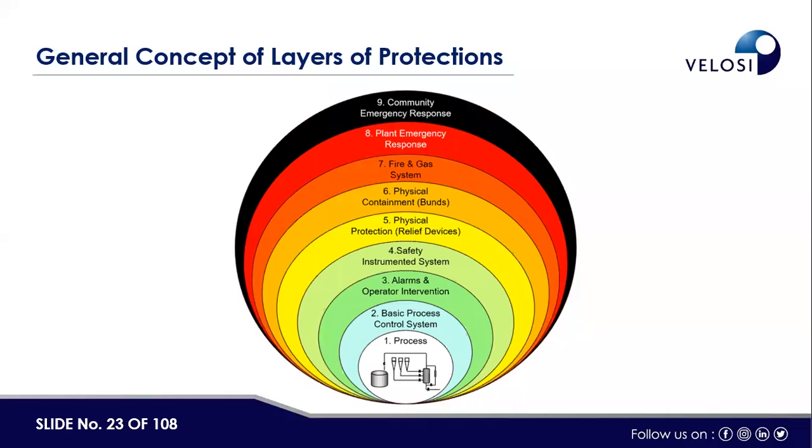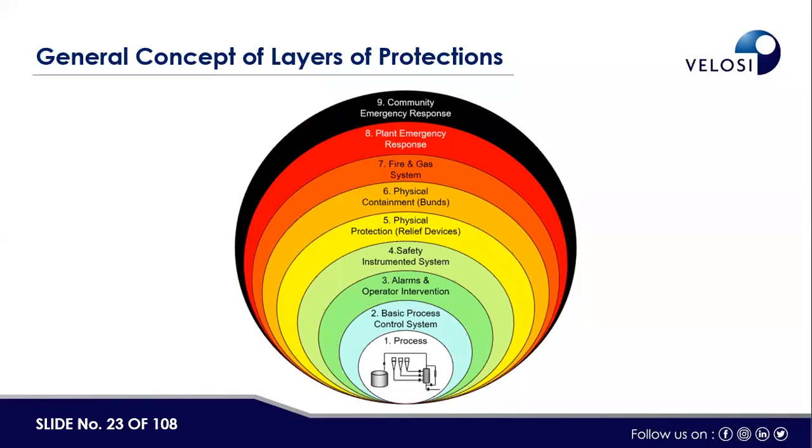Second, there are basic process control systems which are used to operate the plant, like temperature control, flow control, pressure control, level control, vibration control, and so on. Third, there are alarms and trips provided on the plant, which are attended by the operators. If there's a high level, there would be an alarm and the operator can intervene.